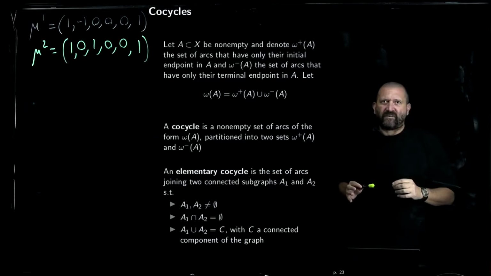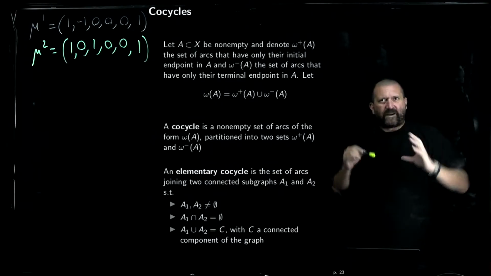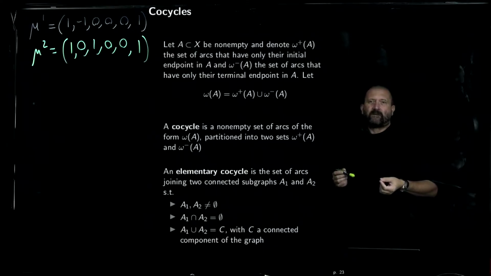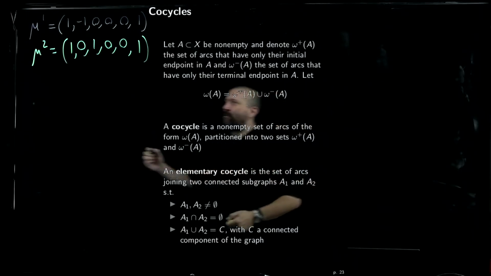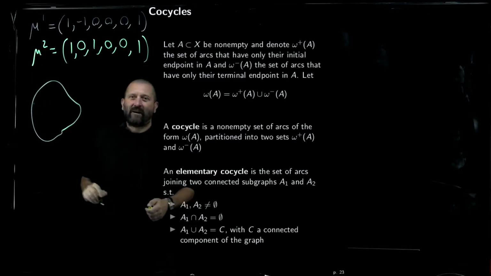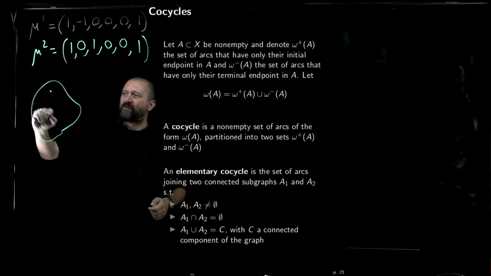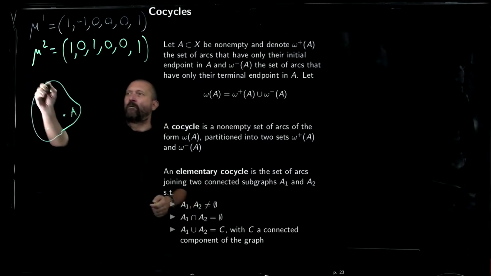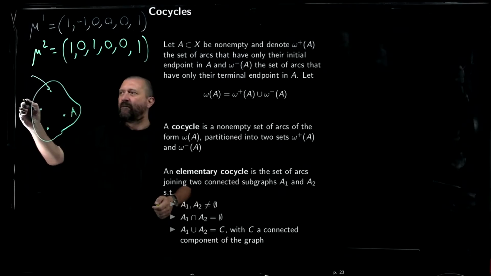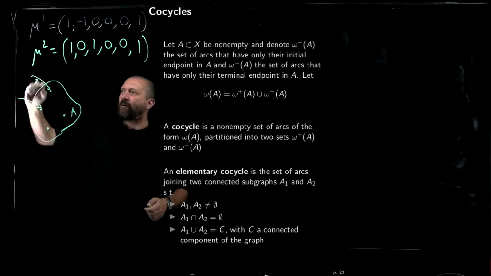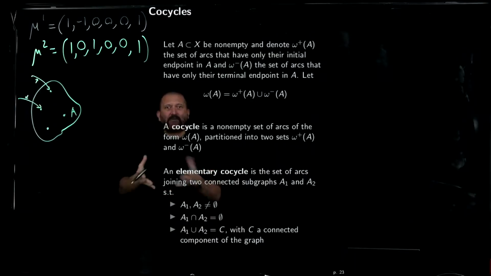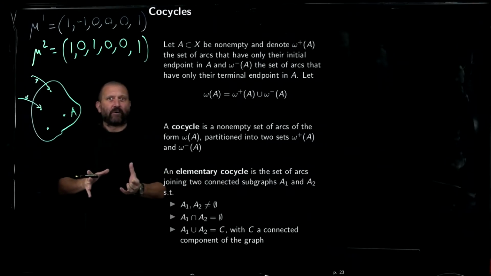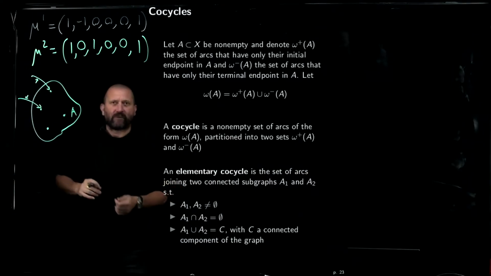Take a subset of the vertices, A, and denote omega plus of that set, the set of arcs that have their initial endpoint in A. So I have a bunch of vertices in A, that's the set of vertices, and I'm going to denote omega plus the arcs like this one and this one that come from outside the set A and have the terminal endpoint, their initial endpoint. I'm going the other way.